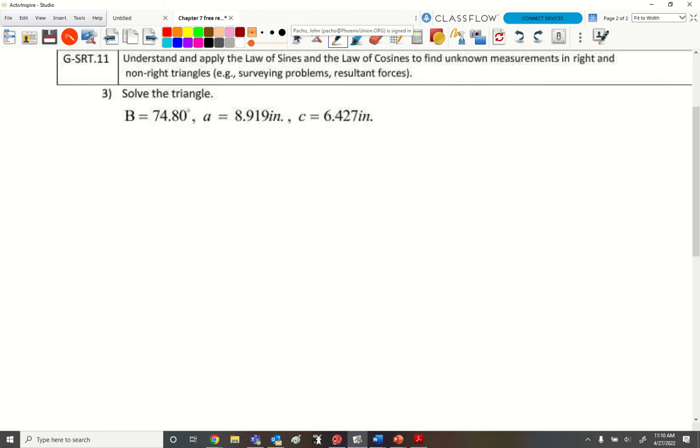Okay, this one was kind of tricky. All right, so what's the first thing you should do if you see a problem like this? Draw a triangle. It says solve the triangle, so that means I need all sides and all angles. So, start by drawing a triangle.